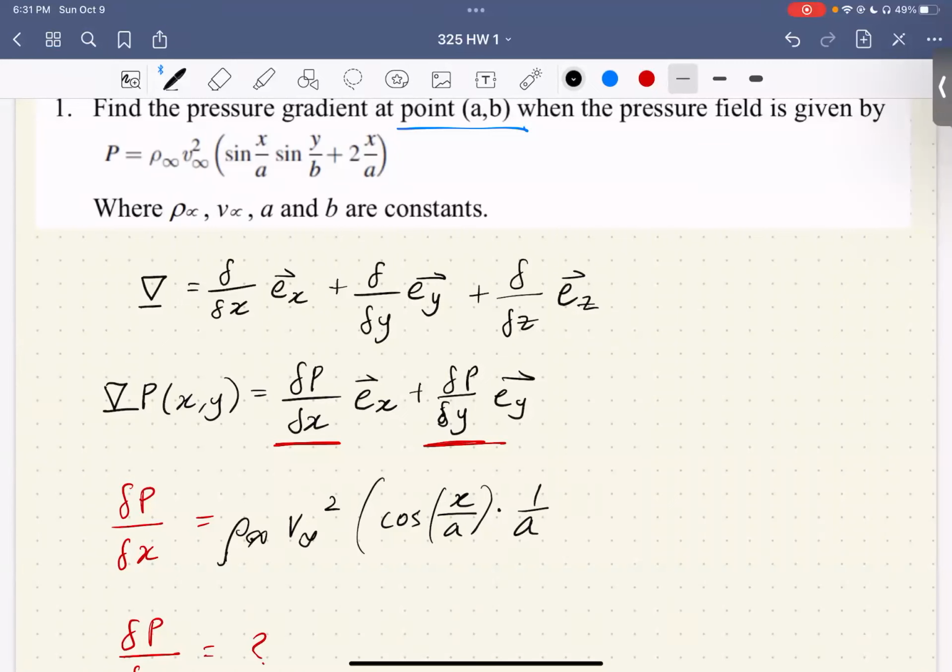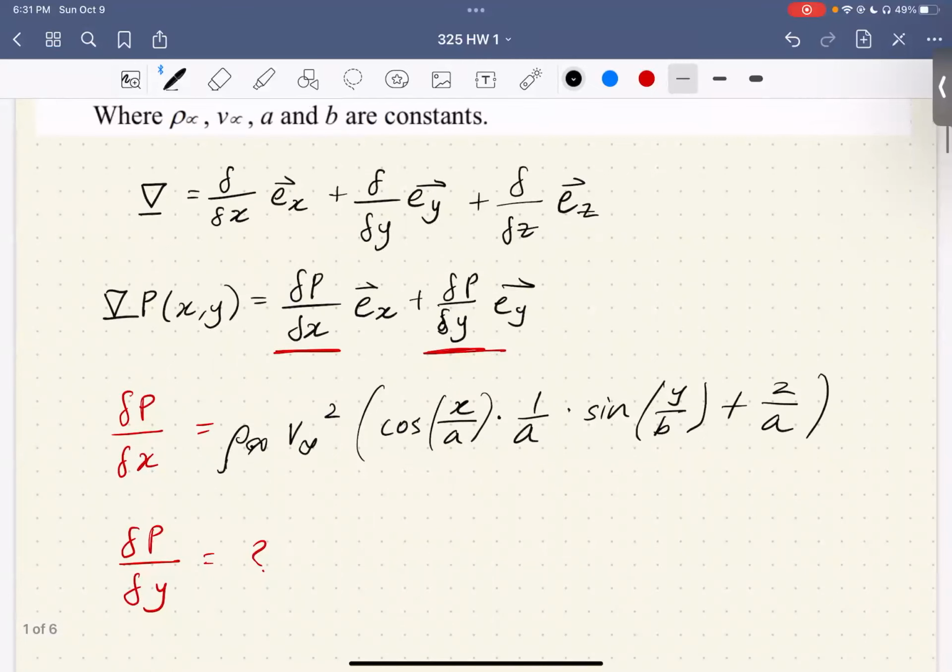Then we have sine y over b, and there's no x term, so that's a constant, so we just keep that in there. And then we have plus 2x over a. So taking the partial derivative with respect to x is just simply 2 over a. So right away, easily, we already got the first expression.